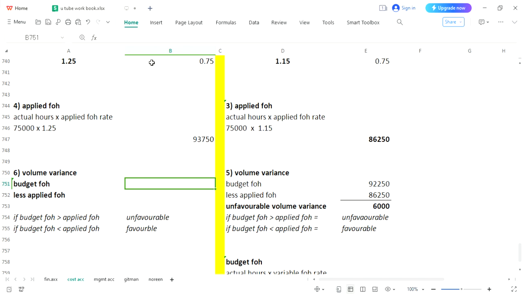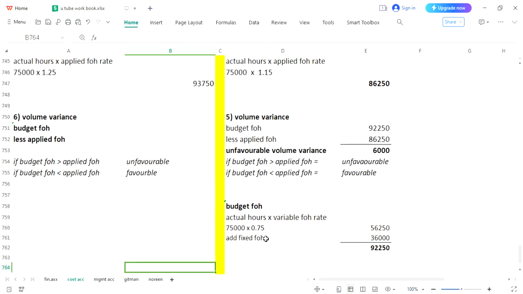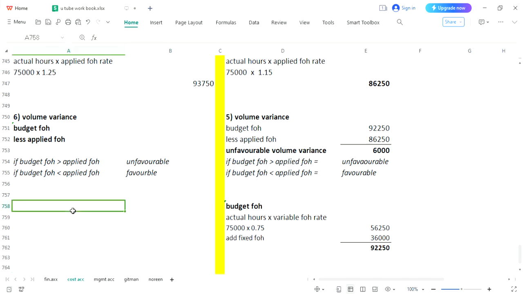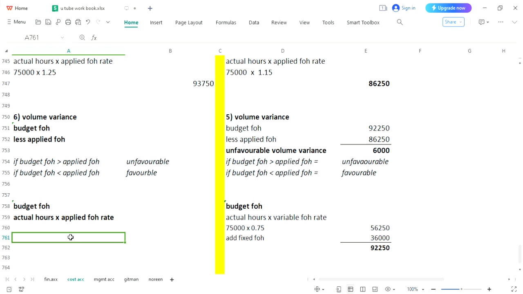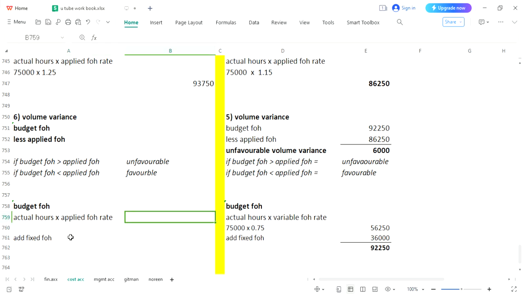Here we need budget FH and applied FH. We have calculated budget FH, but that was according to normal capacity. So here we will calculate our new budget FH, but according to expected capacity. The budget FH formula is actual hours multiplied by the applied FH rate, and then you need to add fixed FH over here. In this way we can calculate our budget FH. It's time to put the values over here.